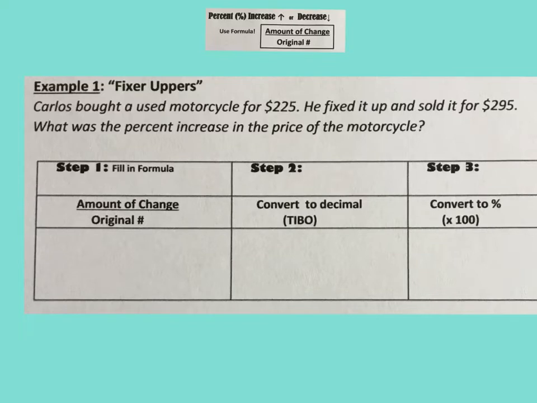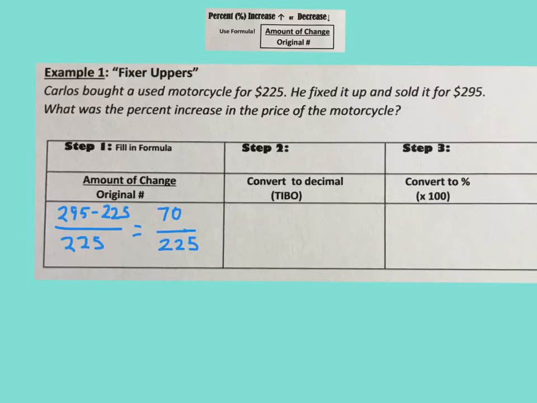All right, I'm going to do that in the square right here. So I figured out that the amount of change in the price was from $225 to $295. So how much did it change? Well, it actually increased by $70. So I took $295 minus $225, the bigger number minus the smaller number, and I found that it increased by $70.